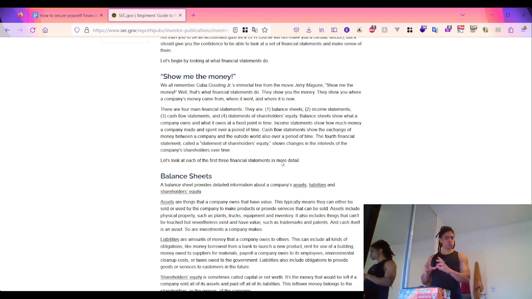Then I look at the income statement, which after all shows you whether a company made a profit or not. You can think of this statement as a set of stairs, again according to the SEC.gov beginner's guide to financial statements.